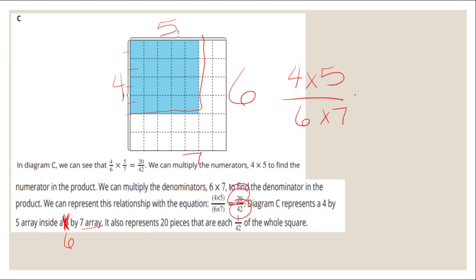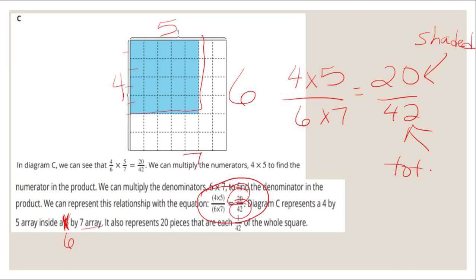So that is where they get this. 4 times 5 is 20. 6 times 7 is 42. So there are 20 pieces shaded, or you get to eat the shaded 20 pieces out of a total 42 pieces.